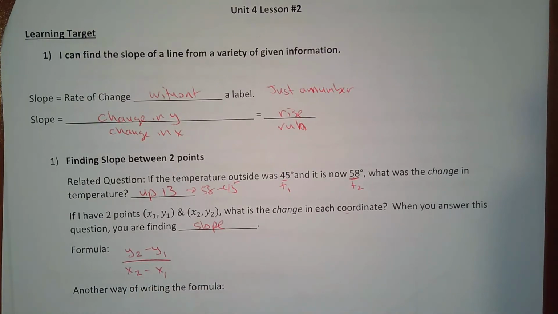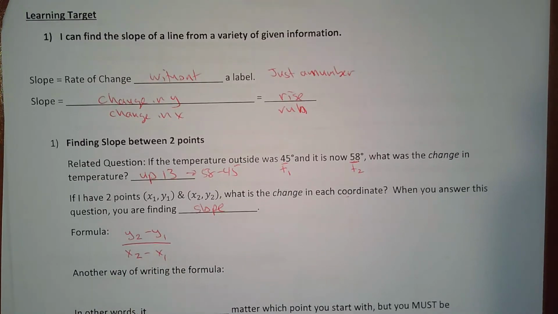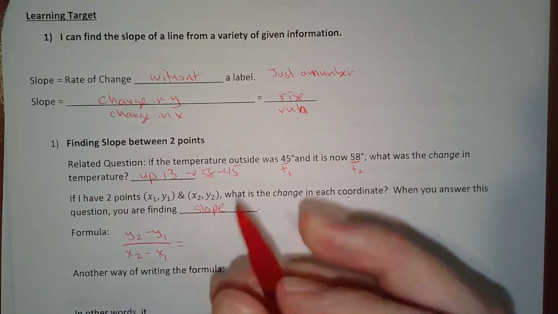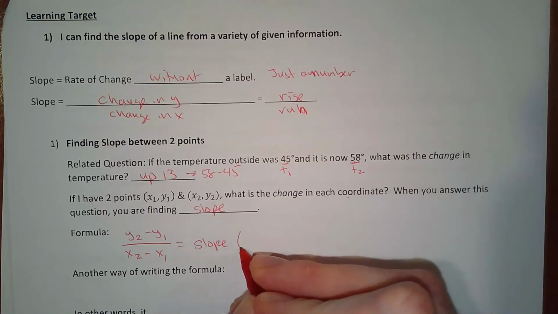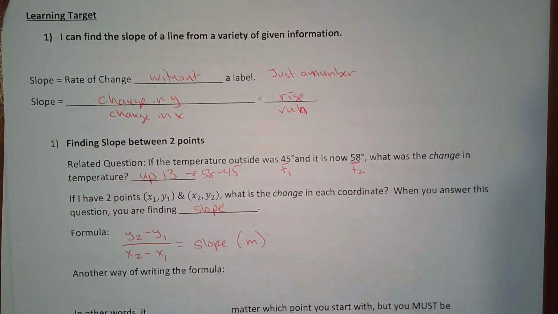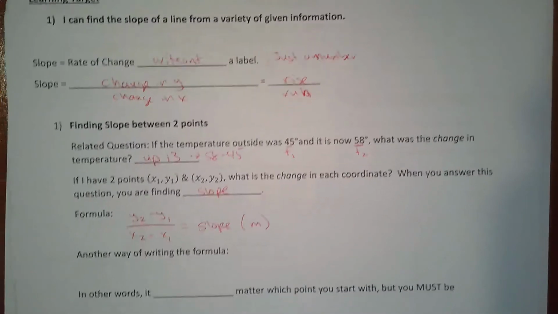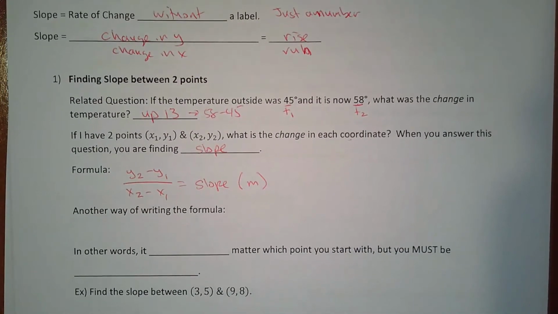Now the biggest mistake I see with this is students forget to put the y's on top. So don't forget to put y's on top. We think x comes first, x should be on top, and it's not true. It should be y's on top. So this equals the slope. Okay, and we sometimes call that m. So slope is referred to as m in math.